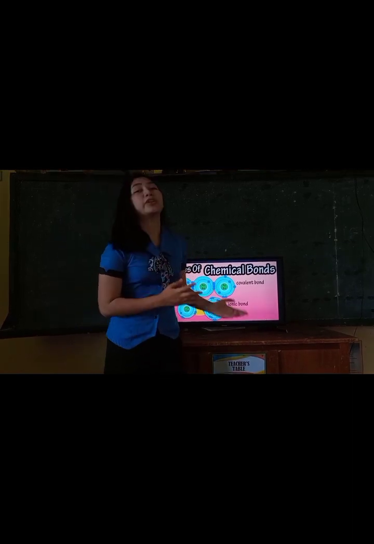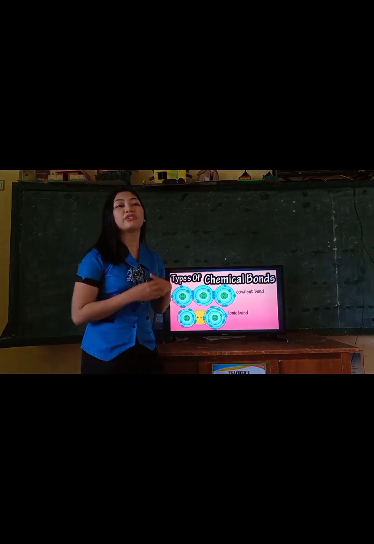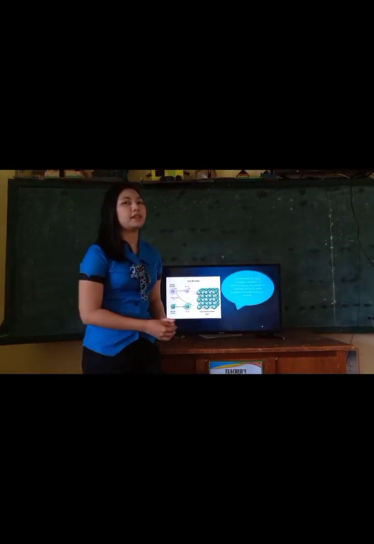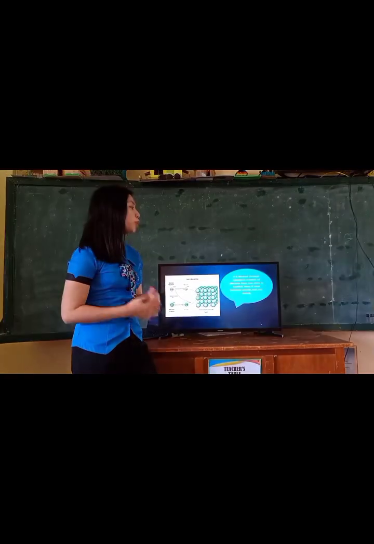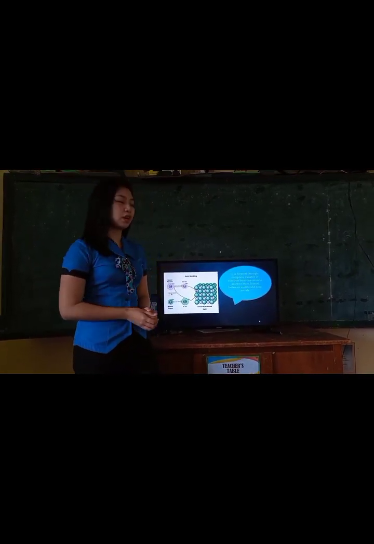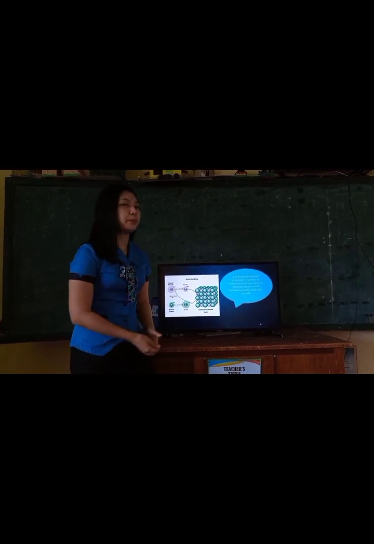There are several types of chemical bonding, class. The ionic bonding and the covalent bonding. Ionic bonding is formed through complete transfer of electrons from one atom to another atom.